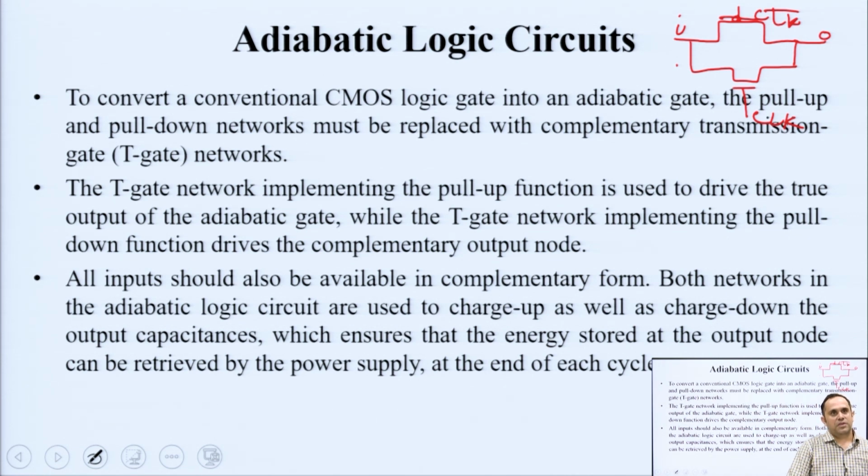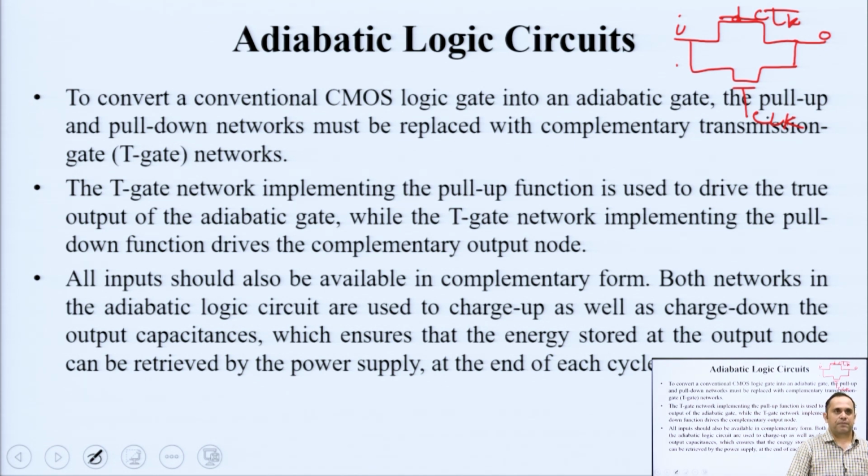The transmission gate network implementing the pull up function is used to drive the true output of the adiabatic gate, while the transmission gate network which implements the pull down function drives the complementary output node. So, this is something still on the lines of a typical CMOS design, right.